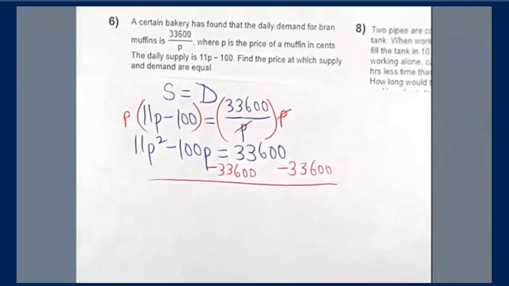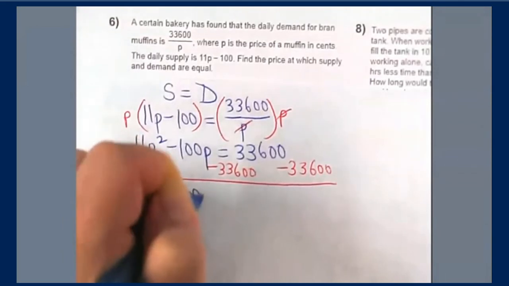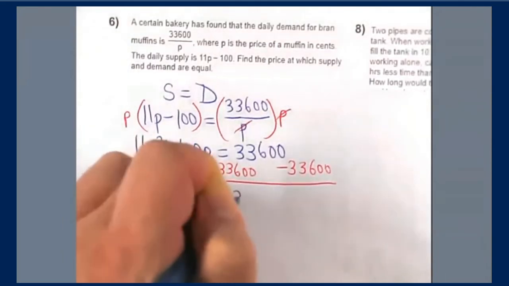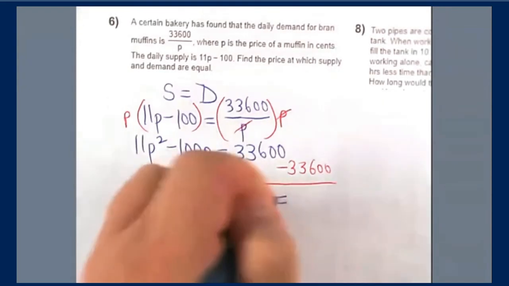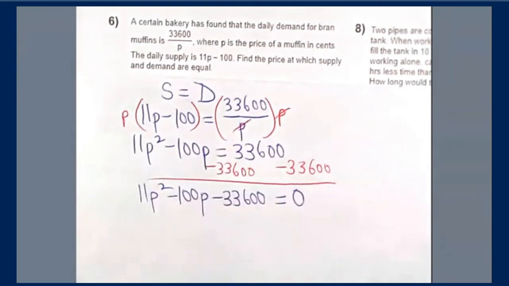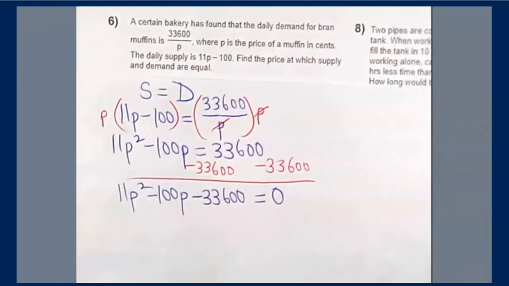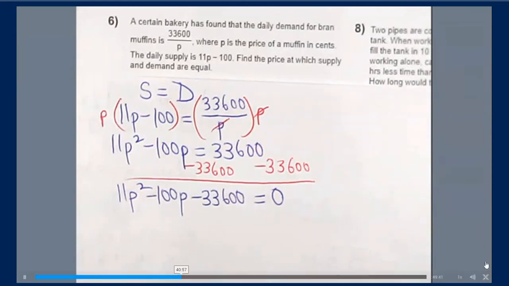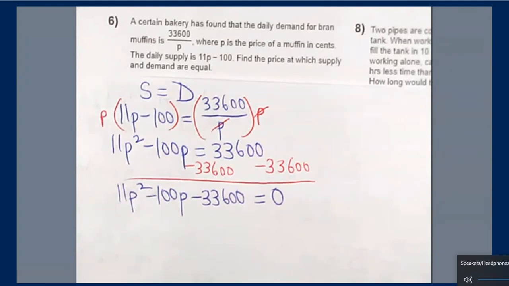And that gives us now 11P squared minus 100P minus 33,600 equal to 0. Now, I don't know offhand the factors of that large number, so let's use the quadratic formula instead.